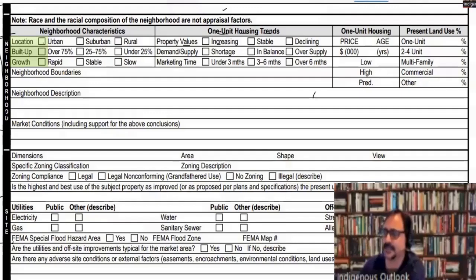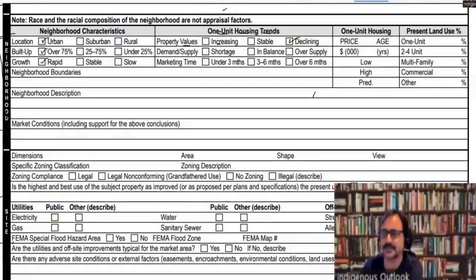It's an urban area, over 75% built up, and growth is rapid. What do you think the property values trend is going to be? Increasing, right? If growth is rapid, is it possible that it is going to decline? No, right? If the neighborhood shows this pattern but the housing trend shows declining market value, it is not justified.